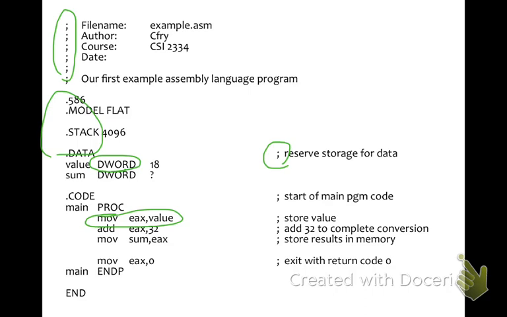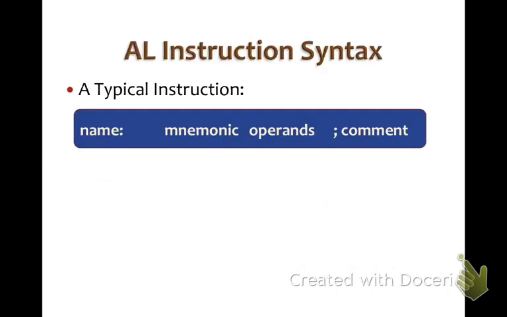Okay. Again, though, let's look at some syntax before we dive into that a little bit. A typical instruction is going to have 3, maybe 4 areas. The first one is the name or the label. It is optional. It ends with a colon, as you see right here, and is used with an instruction to symbolically reference an address in memory.